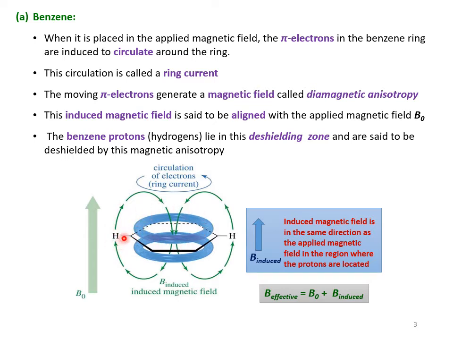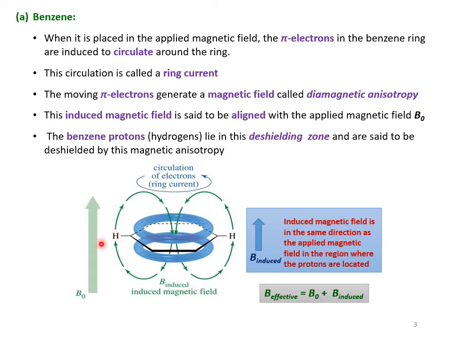In this region the B induced is aligned with the external magnetic field. Inside the ring it is opposing the magnetic field. However, in the region where the benzene protons are, you can see the magnetic moment is aligned with the external magnetic field.